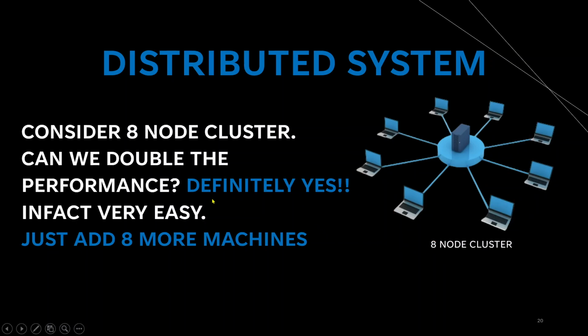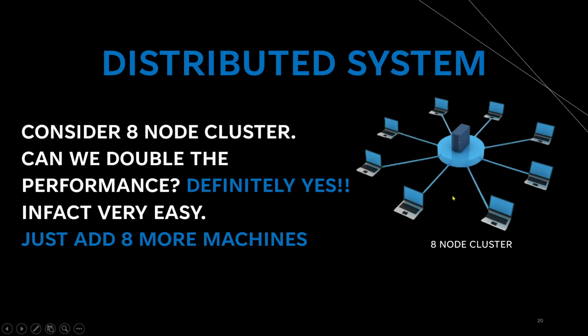Can we double the performance? Let's say in this cluster a particular task is completing in 2 hours. Can we double the performance? Yes, it's very easy. Just add 8 more machines to this cluster and the performance gets doubled.